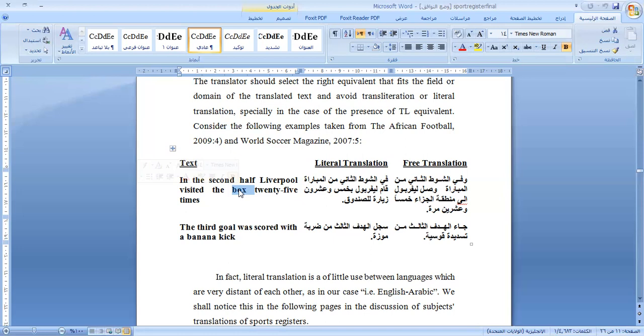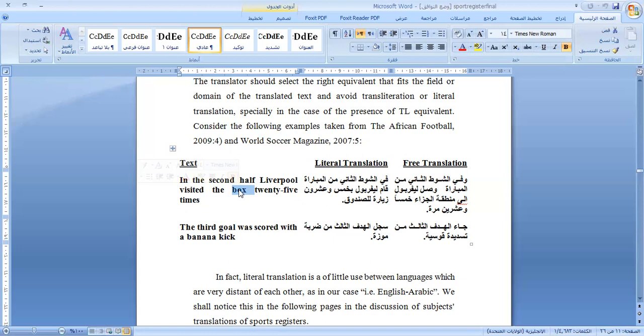While if we look to the sport terminology, we can understand that box means منطقة الجزاء. So we can render it as منطقة الجزاء. يعني في الشوط الثاني من المباراة وصل ليفربول 25 مرة إلى منطقة الجزاء.